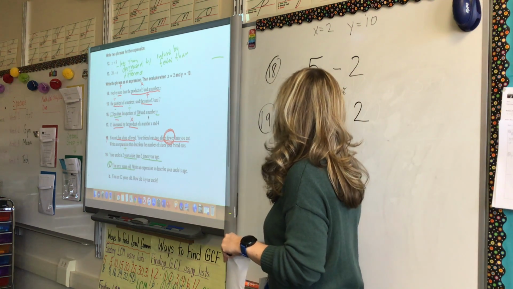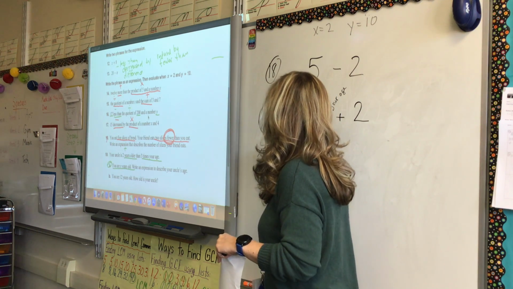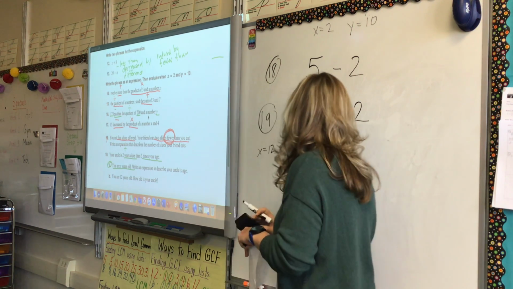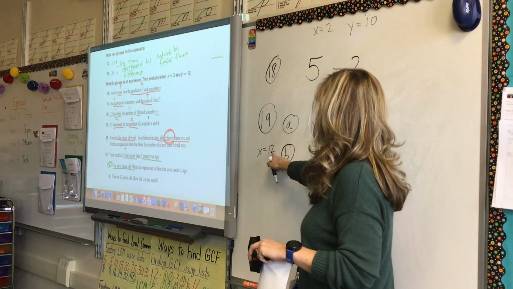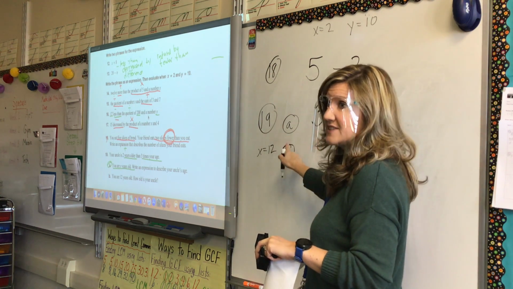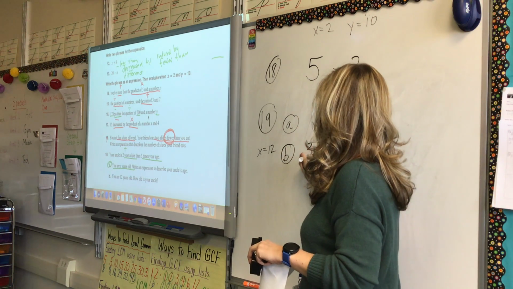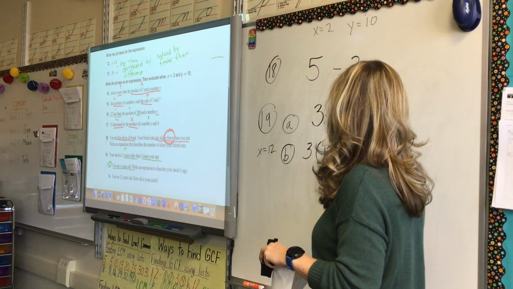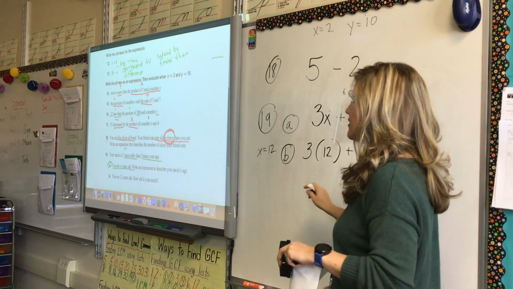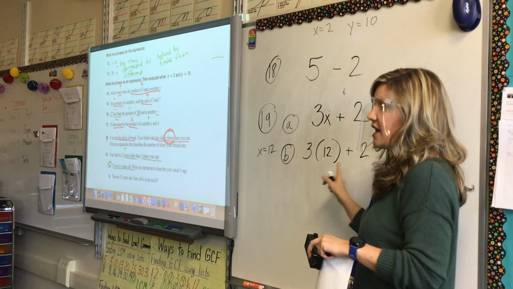Now in part B, we know that you are 12. So let's substitute the 12 for the value of x. So 3 times 12 plus 2. What are we doing first, the multiplication or the addition?